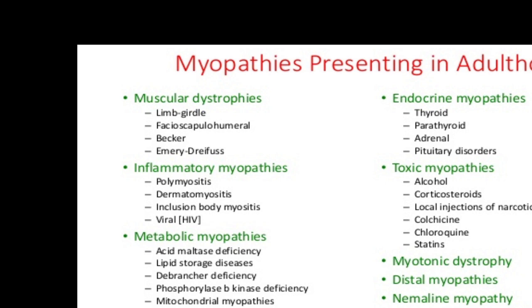And these metabolic pathologies, by our conventional method, could be further classified into acid maltase, lipid storage, or debrancher deficiency. Again, these investigations do not end up with any positive outcome. At the end, you may name the patient with a specific name, and virtually there may not be any change in the outcome.